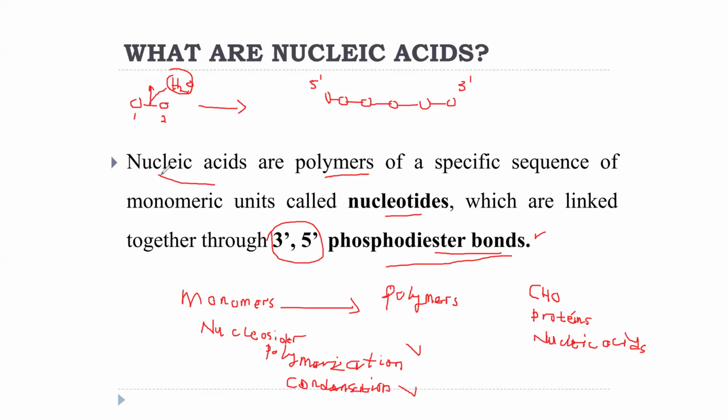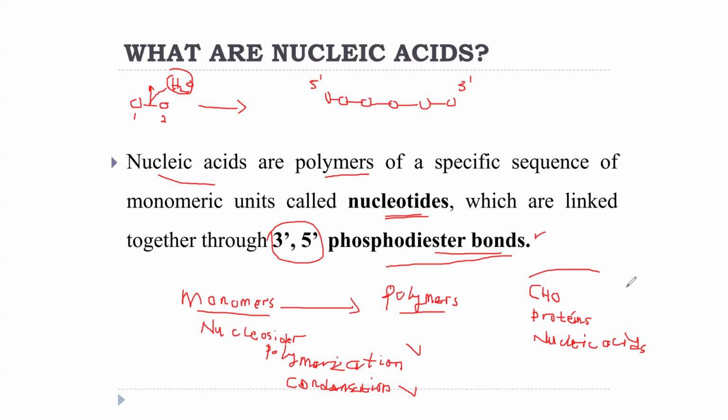Number one, nucleic acids are made of nucleotides, and the nucleotides are the monomeric units, which are also considered the monomers. And then we have the polymers, which are the nucleic acids. These monomers are linked together through phosphodiester bonds in the direction of 3' to 5'.